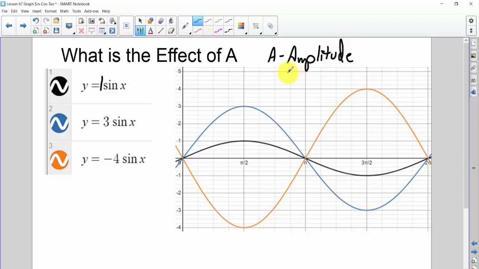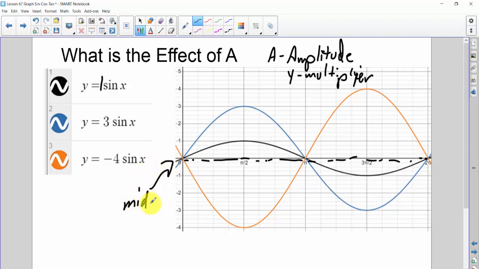Okay, and it's kind of the y multiplier. All right, and what it does is it basically is how high the graph is from the most center part of the graph. They call this right here, the middle of the graph, the midline. So it's the distance from the midline. In other words, this blue graph is 3 up from the midline and 3 down from the midline.